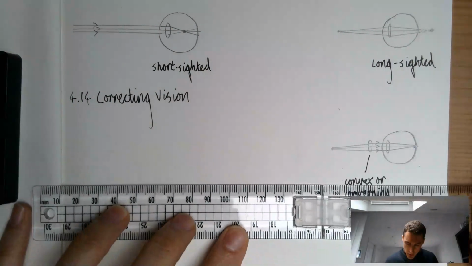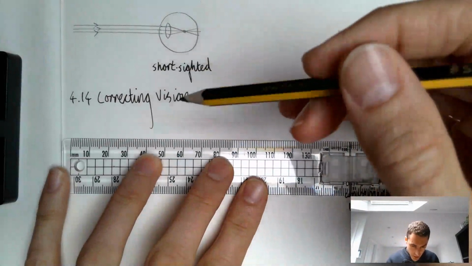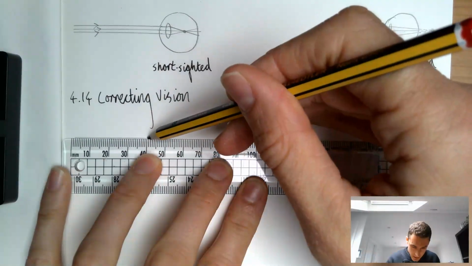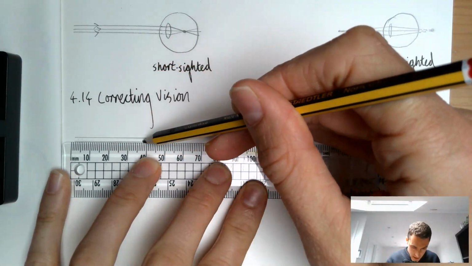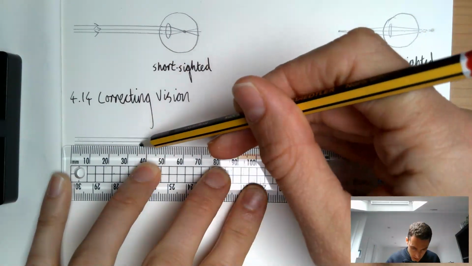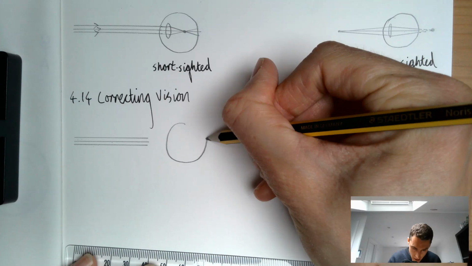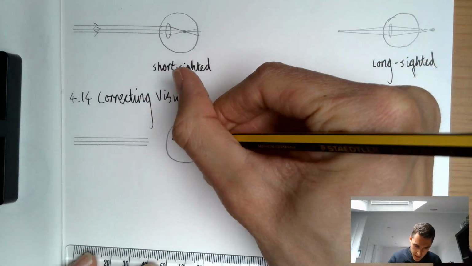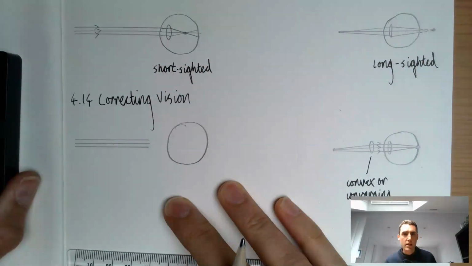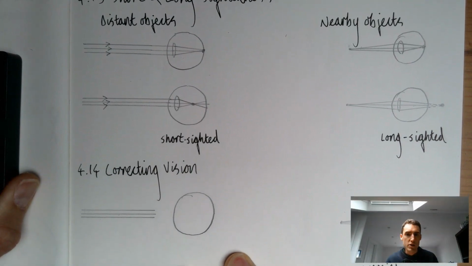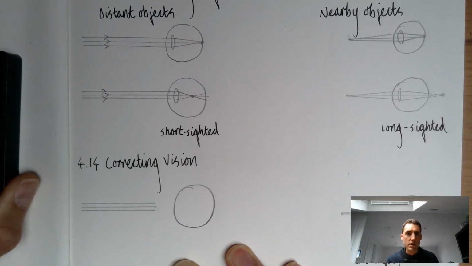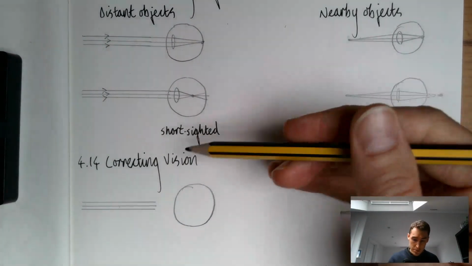So in this case, what happens is we've got our incoming light rays from a distant object. I'm going to draw those like this. We've got our eye like this here, and we've got our lens, which, as we've seen in these previous diagrams, is a bit too fat.